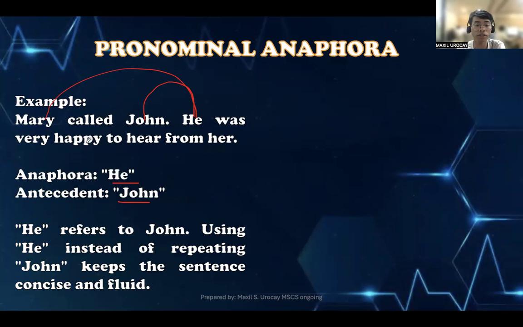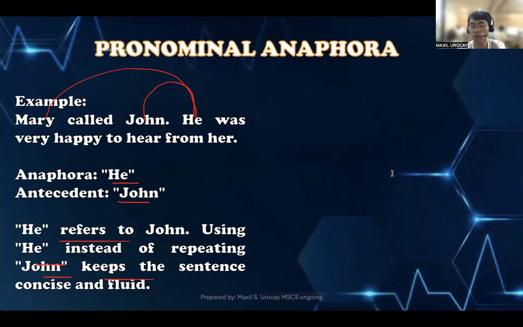So he refers to John, using he instead of repeating John. So we are keeping the sentences concise and more fluid. Pronominal anaphora is the most common and critical type in NLP, which we often use to create smooth and concise language in both human and machine communication.